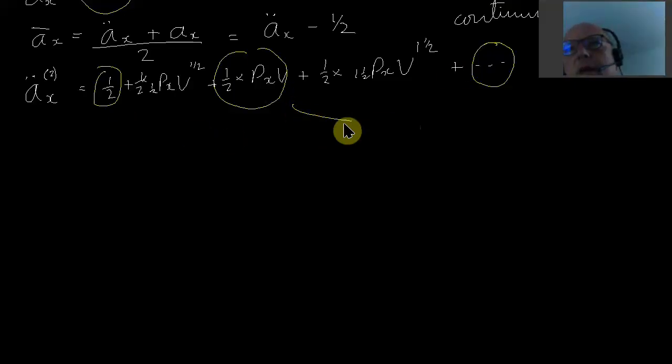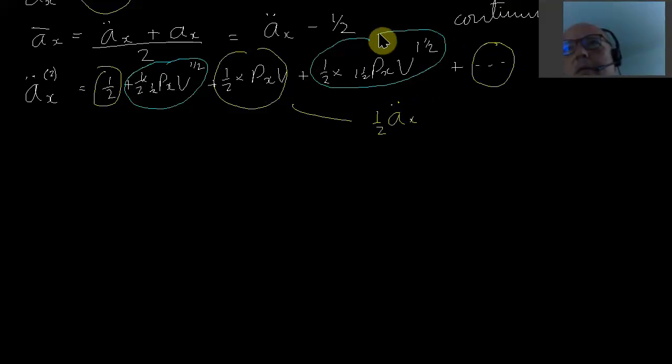Okay, so that bit is a half of ä_x. Then we've also got this bit, which is payable halfway through the year, this bit, which is payable after 1.5 years. Well, that is the average, effectively, of annuity due and annuity immediate.